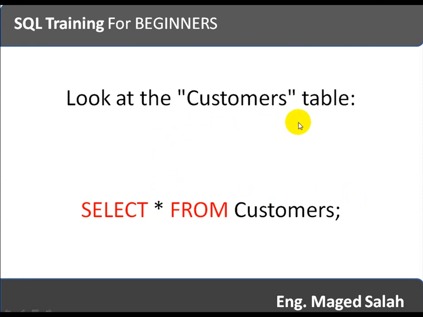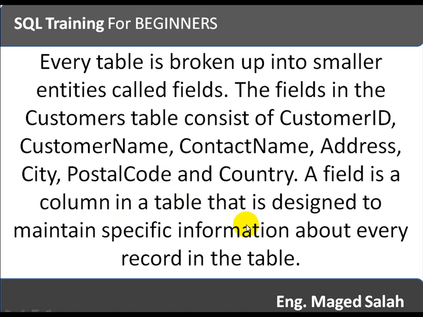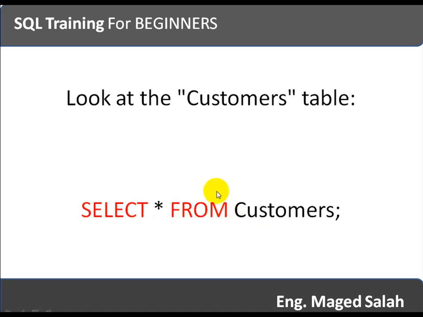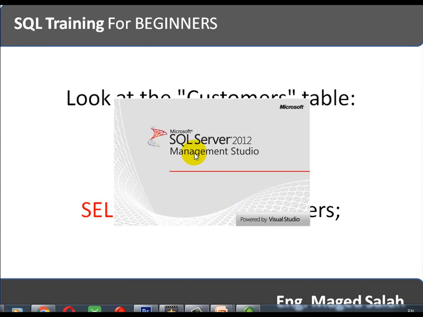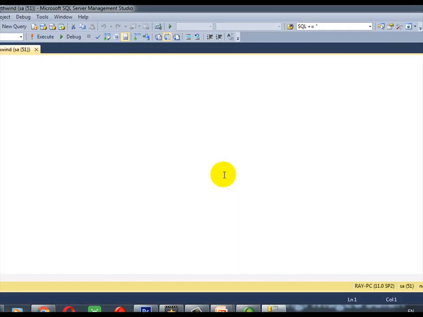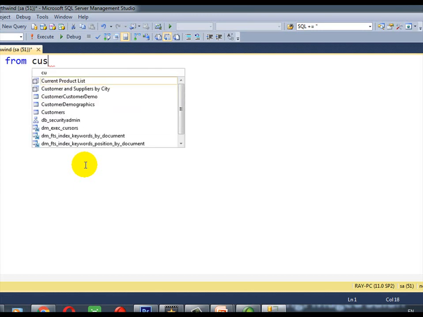Look at the customers table. Select star from customers. So let's try to talk about this point. If we open SQL Server here, we will talk about select star from customers. So let's see what we will do. Here is the SQL environment, so we will write select star from customers.